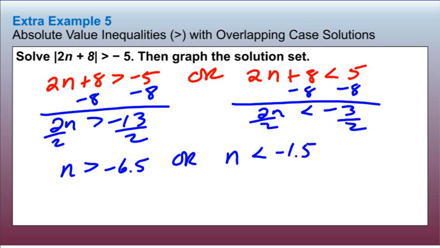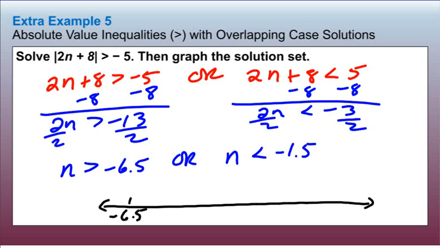Our number line, we have -6.5, -5.5, -4.5, -3.5, -2.5, and -1.5.